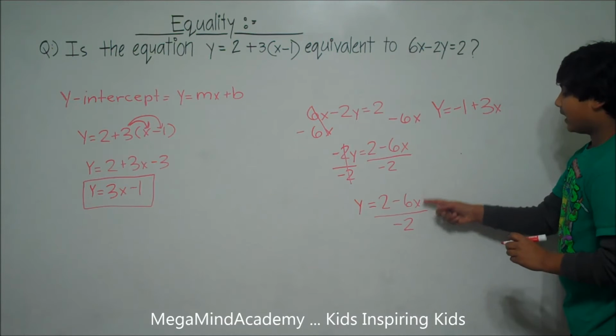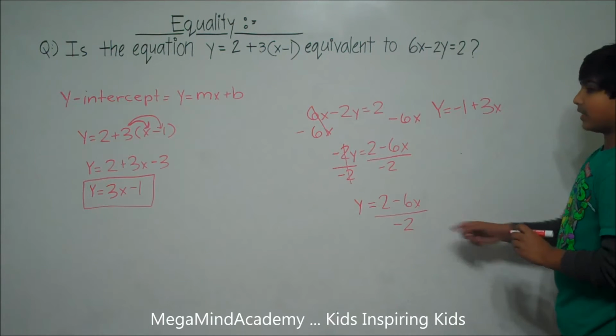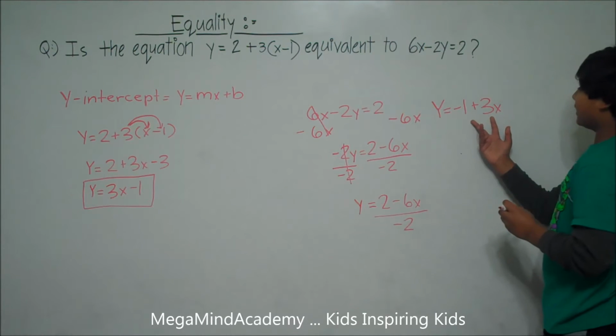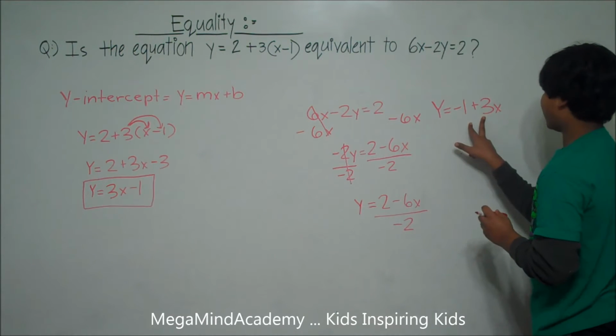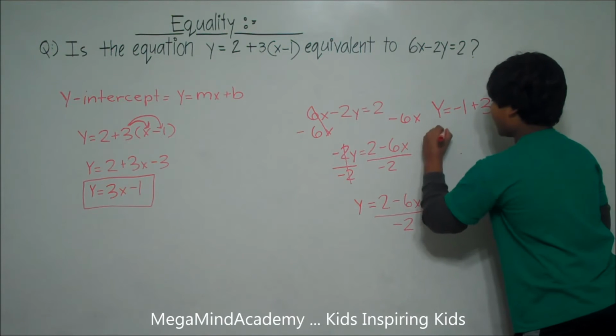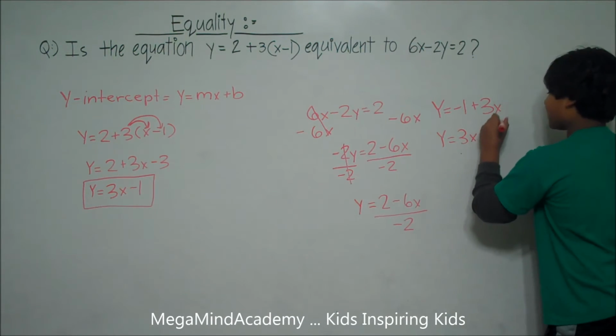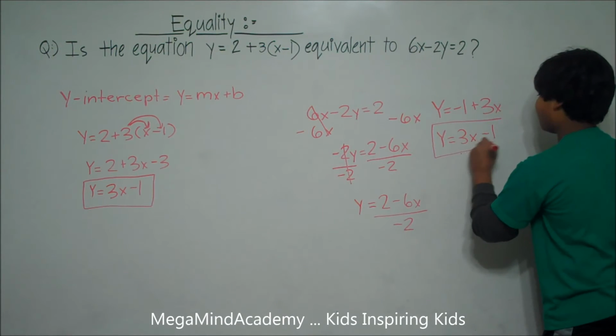Now, we can even switch these two values, so it could be y equals 3x minus 1. So that is our intercept form.